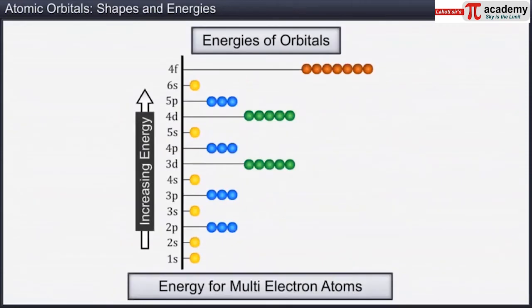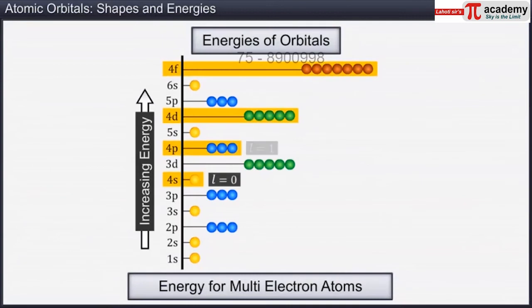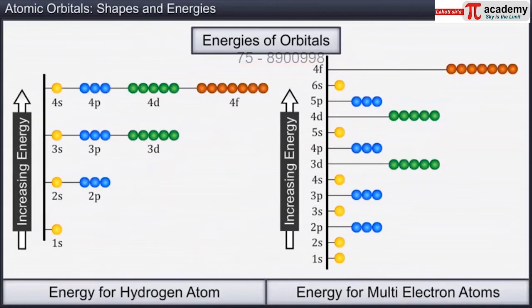This essentially means that for a given value of n, the orbitals s, p, d, f possess different energies for different azimuthal quantum numbers. Let us look at the energy level diagrams for hydrogen atom and multi-electron atom, which depict the arrangement of various orbitals.